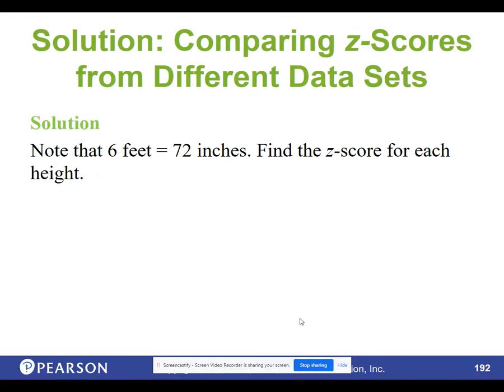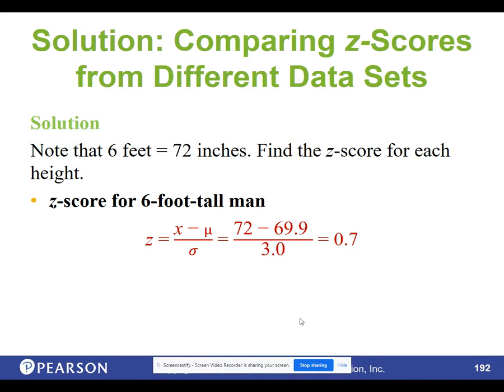So with a man, we would take 72 minus the average divided by standard deviation and see that a 6-foot man's z-score is 0.7. That's really close to the mean, isn't it? That's within 1 standard deviation of the mean, yes? That's pretty average, isn't it?